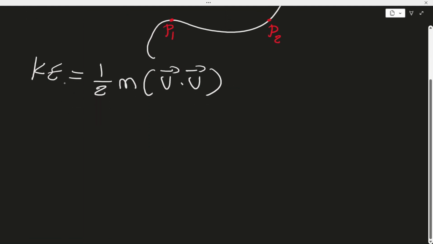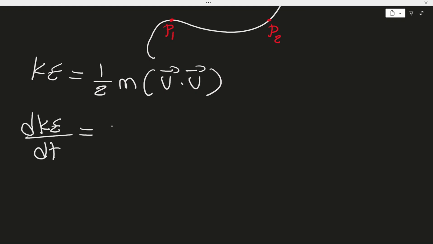Now, we take the time derivative of the kinetic energy, that is, dKE divided by dt is equal to 1 over 2 m. Now we take the product rule. All right, so in differentiation, we can take the product rule.